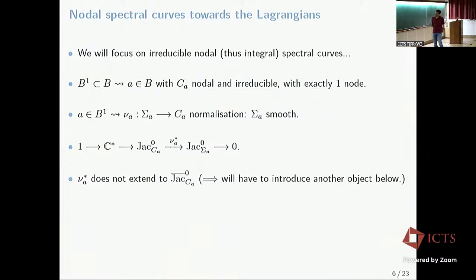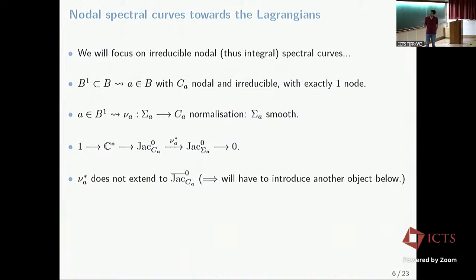And one important thing is that this map, so this is dense inside its compactified Jacobian because the curve is irreducible. But this map does not extend to the compactification, okay? And this is important, and this is actually a reason why I will have to introduce an extra object below, okay?